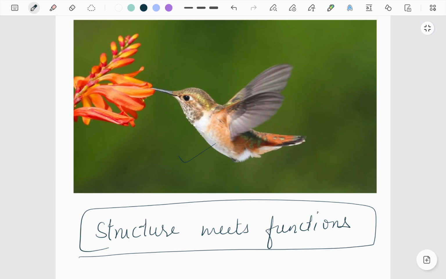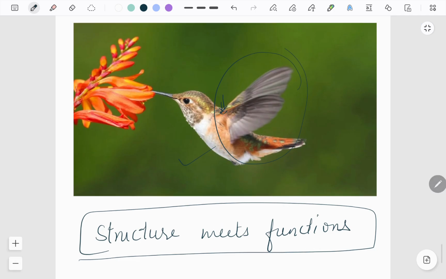And thanks to its structure, for example the structure of the wings, we have ball and socket joints in our shoulders.